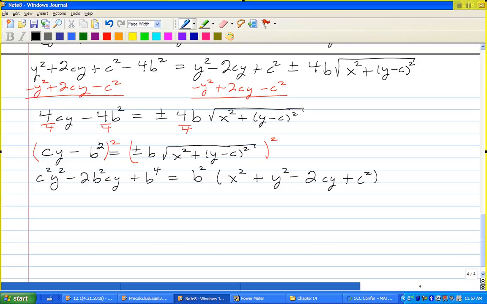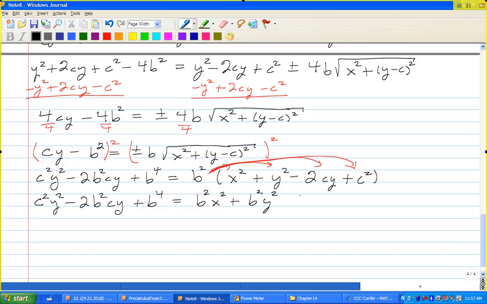Multiplying inside the parentheses by the distributive property, c squared y squared minus 2b squared cy plus b to the fourth is equal to b squared x squared plus b squared y squared minus 2b squared cy plus b squared c squared. Okay.